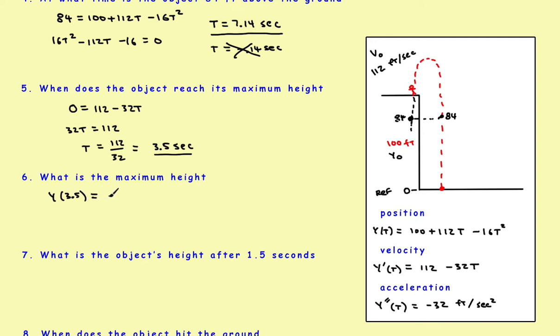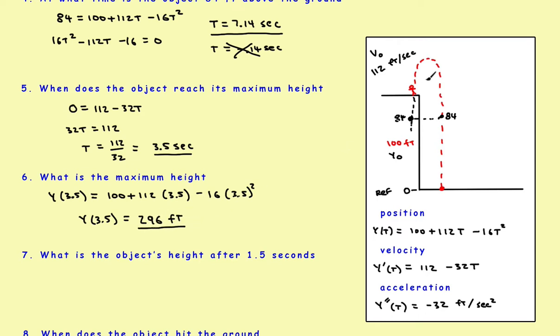So that's going to be 100 plus 112 times 3.5 minus 16 times 3.5 squared. Now, if you put that on your calculator, the height at 3.5 seconds turns out to be 296 feet.